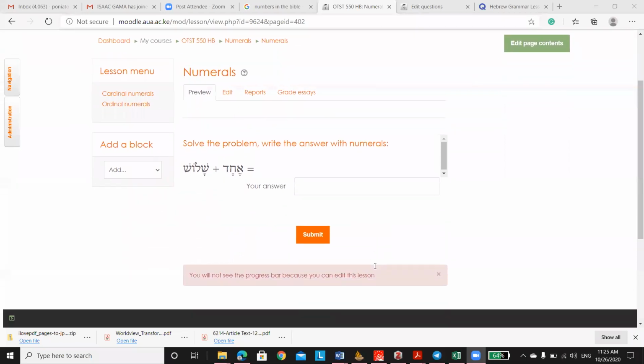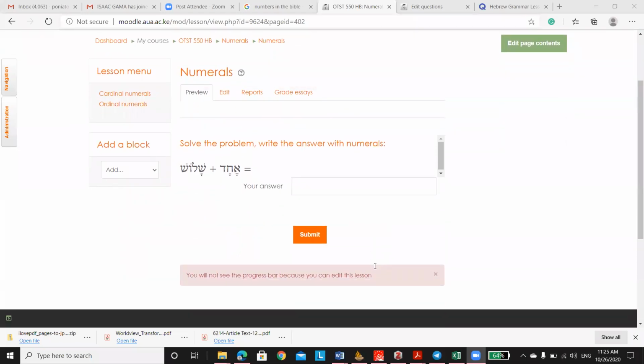One of the assignments that you will have is to make a calculation. You have to answer it with numbers, with figures, not with words. So what is the answer to this equation? Ehad plus shalosh.